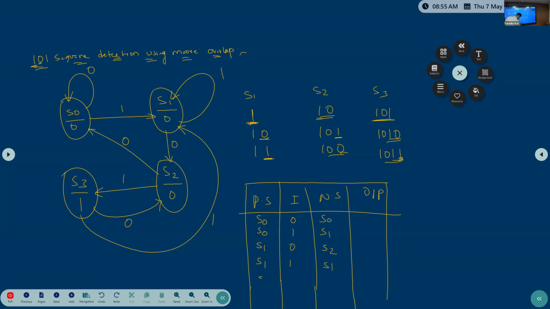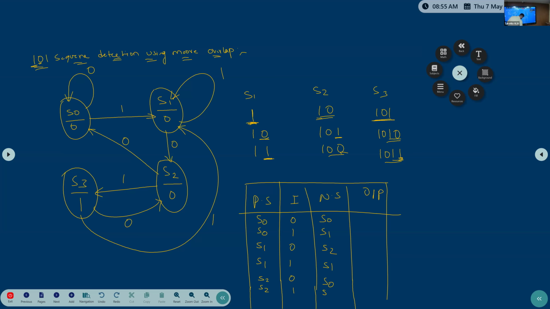Then S2, two cases will be there. S2 with 0, I need to go to the S0 state. If S2 is 1, I need to go to the S3 state.